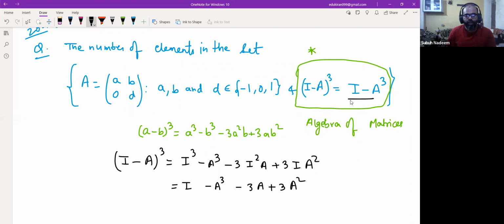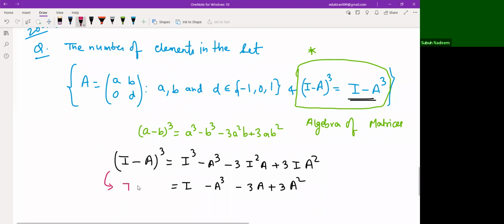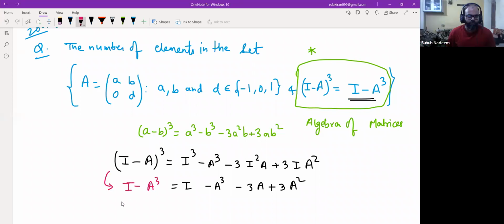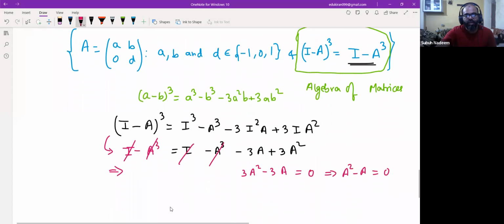Now this term is given as I minus A cube. So what we do, we cancel I minus A cube from both the sides, and we get 3A square minus 3A equal to 0, which implies that A square minus A equal to 0, which implies that A square equal to A. Now here there is a term for such type of matrices.